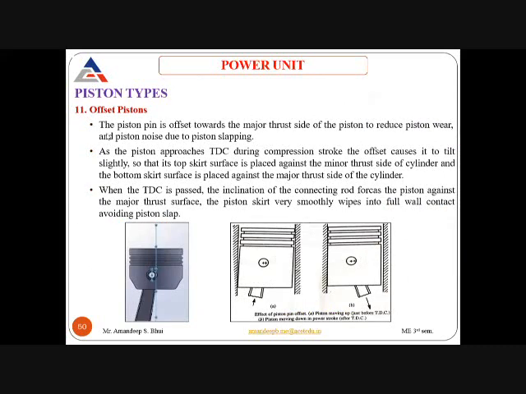Next is your offset piston. In this case, you can see that the pin of the piston is not at the center of the piston. It is offset. The piston pin is offset towards the major thrust side of the piston to reduce the piston wear and piston noise due to piston slapping.